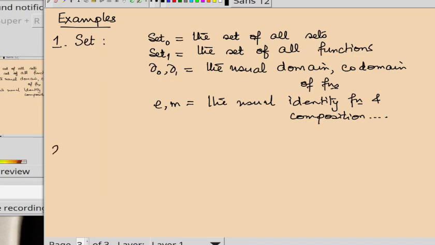As a similar one, we have the category of groups, where group 0 is the set of all groups, group 1 is the set of all group homomorphisms, and the rest are usual.